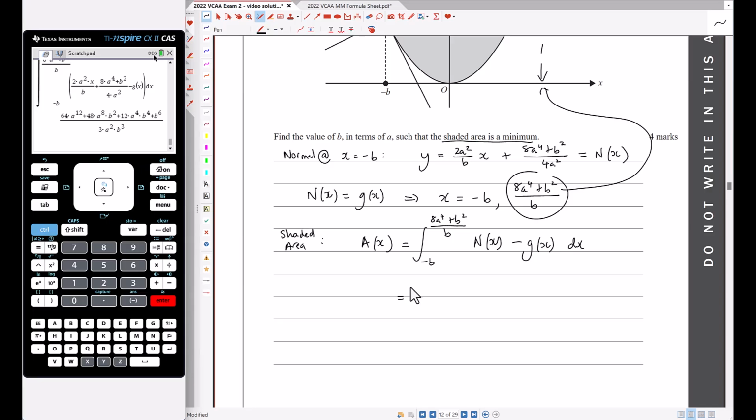Okay, that's that, which is not as horrible as it could have been, but it's also not very fun. 64a to the 12 plus 48a to the 8 b squared plus 12a to the 4 b to the 4.